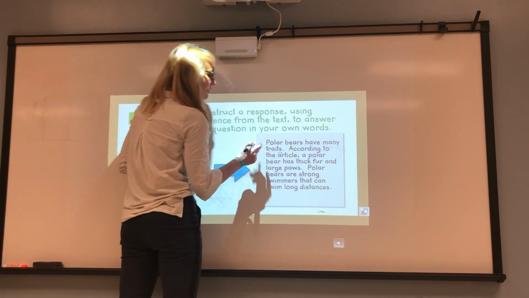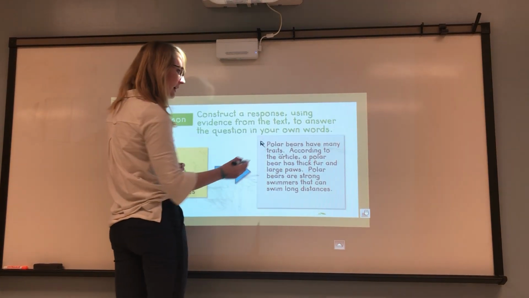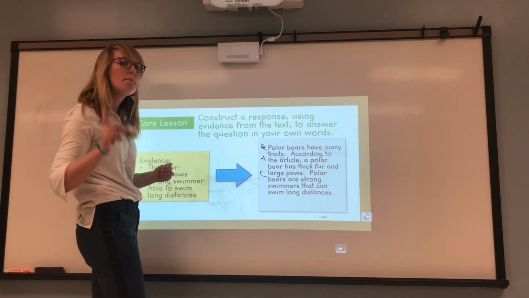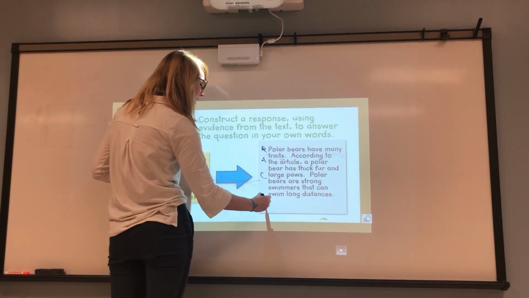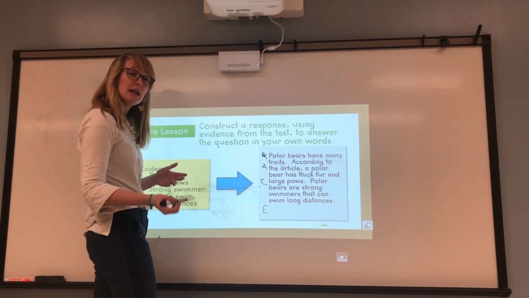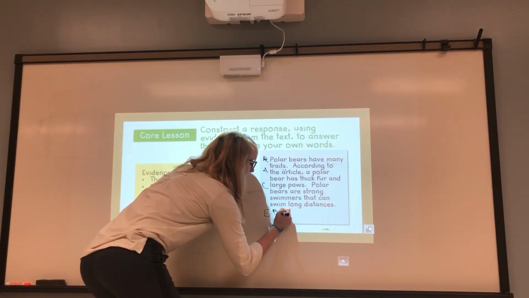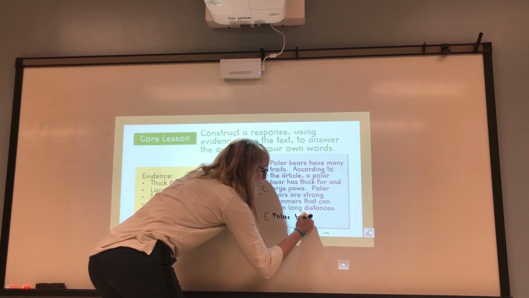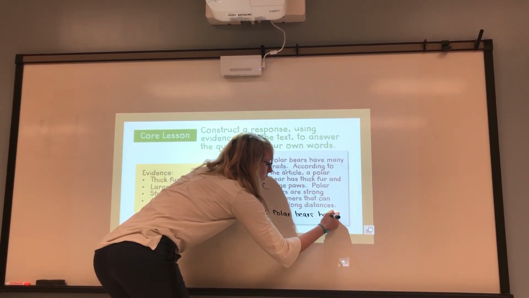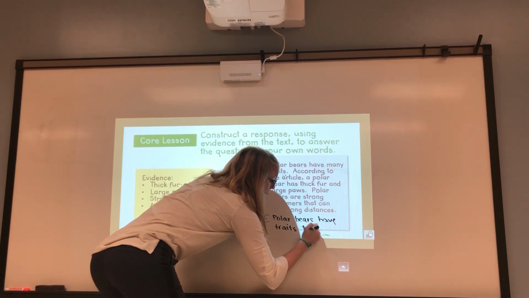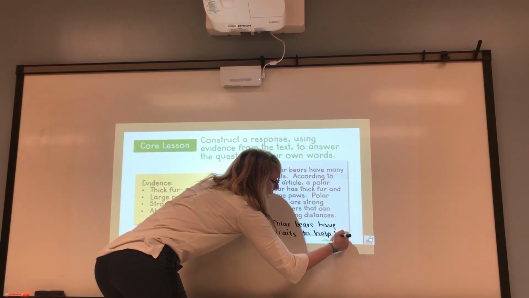So I did restate the question. I answered it. I cited evidence. The one piece I'm missing is the explain. Because this is about traits, I would say something like, polar bears have traits to help them survive.